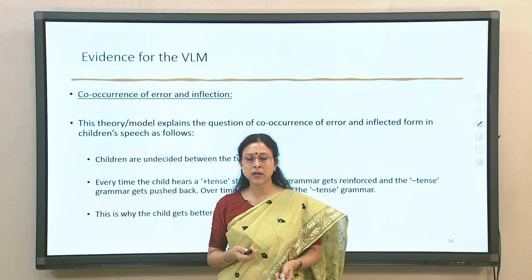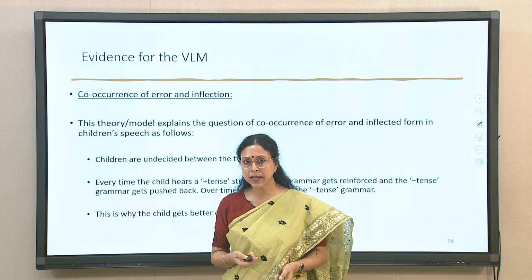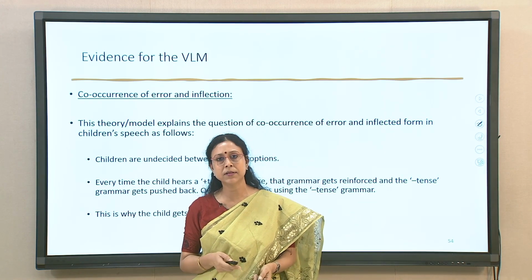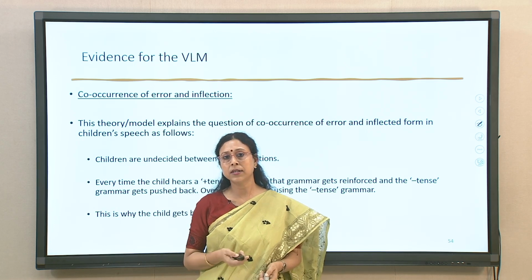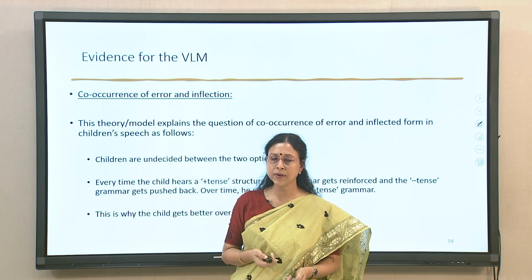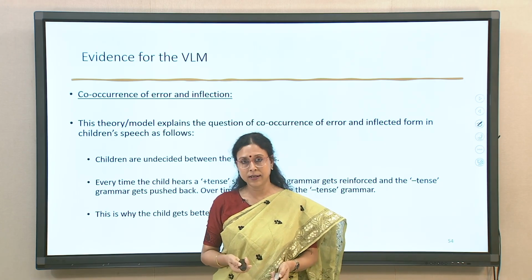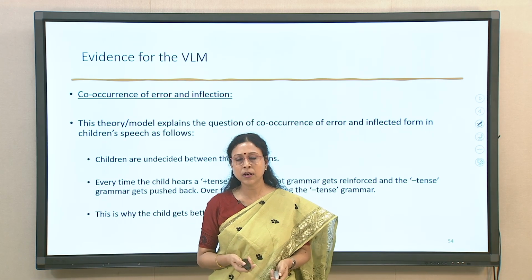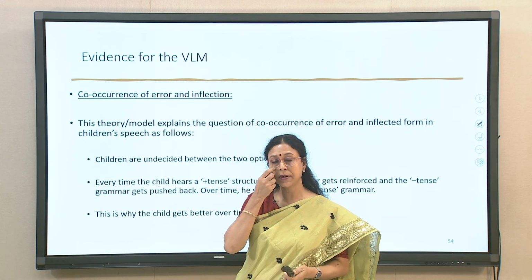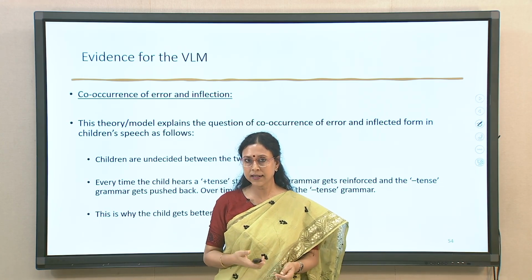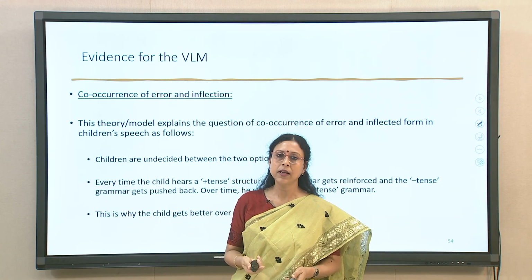Now, the VLM primarily posits that we do have principles and we do have parameters, but the usage of those parameters will depend on a probabilistic occurrence. So, depending on how often a particular type of input the child gets, accordingly that format will be rewarded.